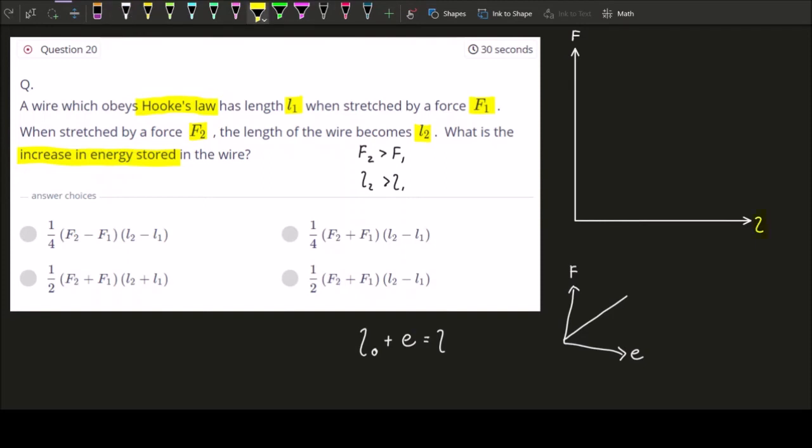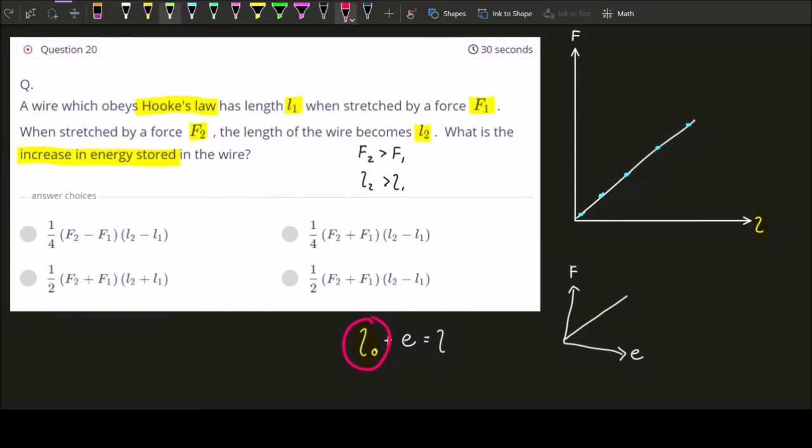So basically it's just the F-E graph, just that for all the E values here, you have added L0. It means that if the normal F-E graph looks like this, all the points over here, I will label 5 points, will need to be added by this L0.